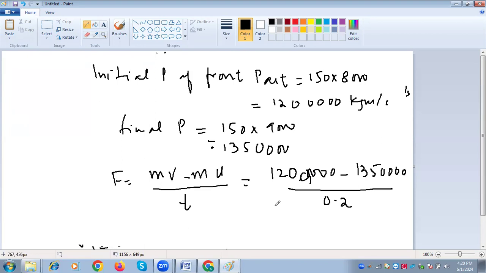So I will calculate this. Minus 135, divided by 0.2. So 750,000 minus.